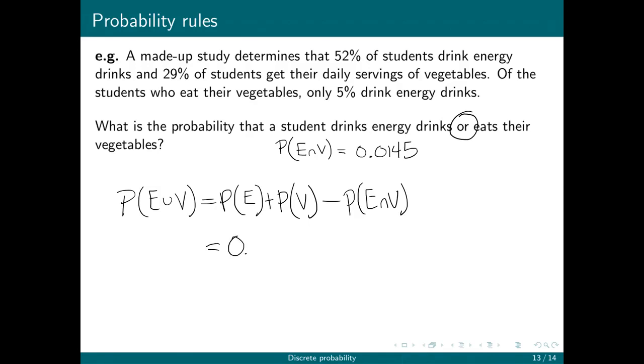Probability of E is 0.52. Probability of V is 0.29. And the probability of both is 0.0145. Add all those together and subtract the overlap, and you get 0.7955.